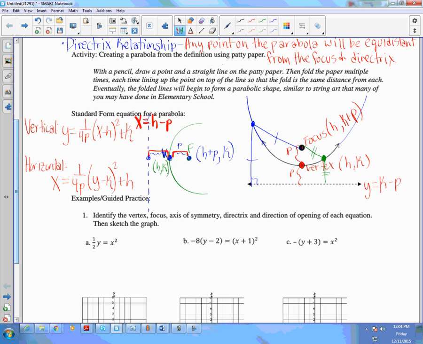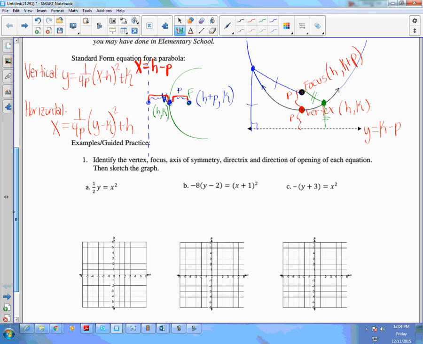Okay, I know that's a lot of information, but we have diagrams, and we label the diagrams, so that when we go to do a problem, you understand where the focus goes and where the directrix goes, and you can just refer to the diagram for what formula you need to use.